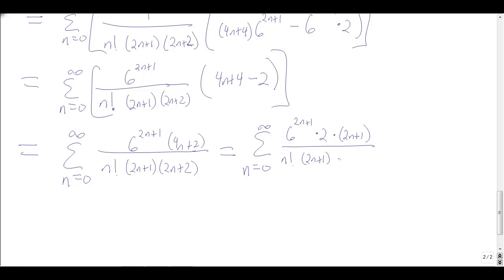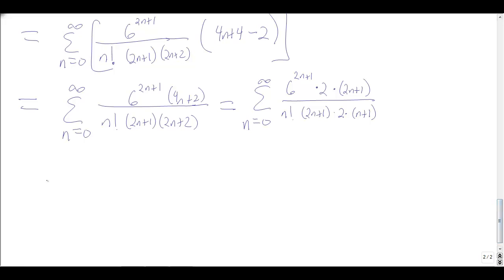The 2n plus 2, I can factor a 2 out as well. So I get 2 times n plus 1. And then I get some nice cancelizations. The 2n plus 1s cancel, and these 2's cancel. So what I'm left with is 6 to the 2n plus 1 over n factorial times n plus 1.